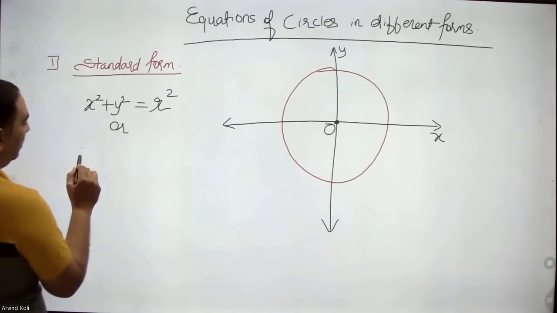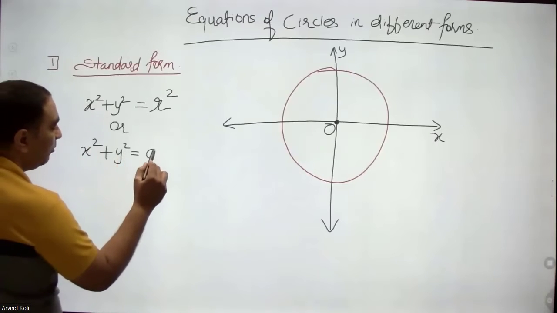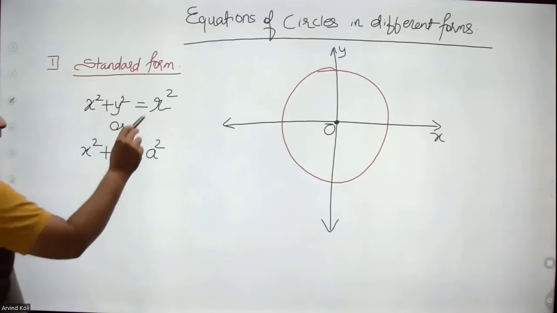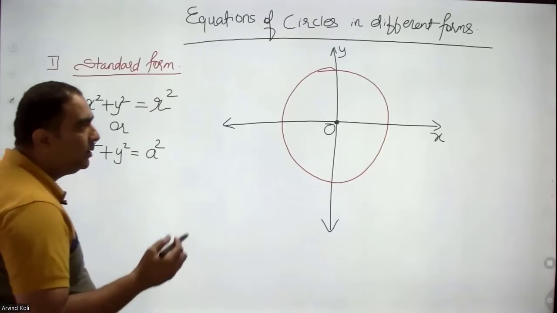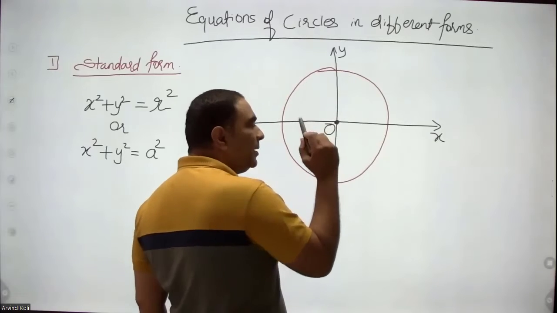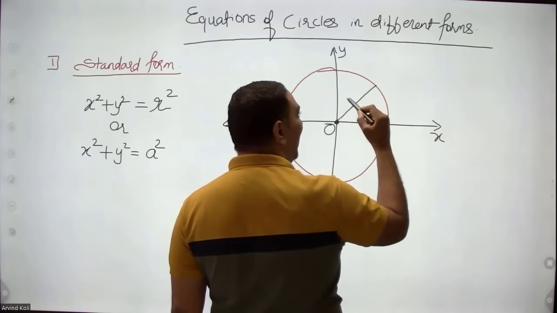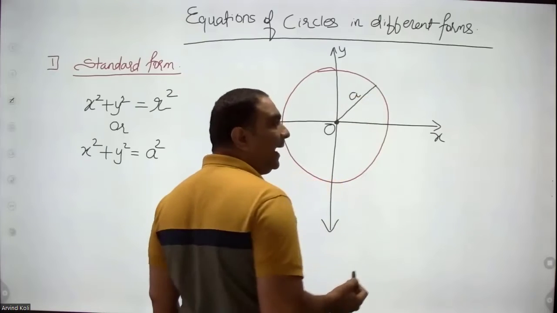Or we can also write it as x square plus y square is equal to a square, where r is the radius, a is the radius. तो अभी यहाँ पे देखो, let's say we are having this circle whose center is at origin and the radius of the circle is a.